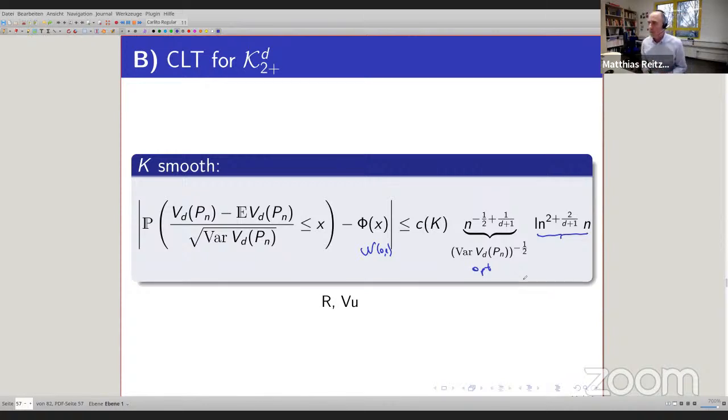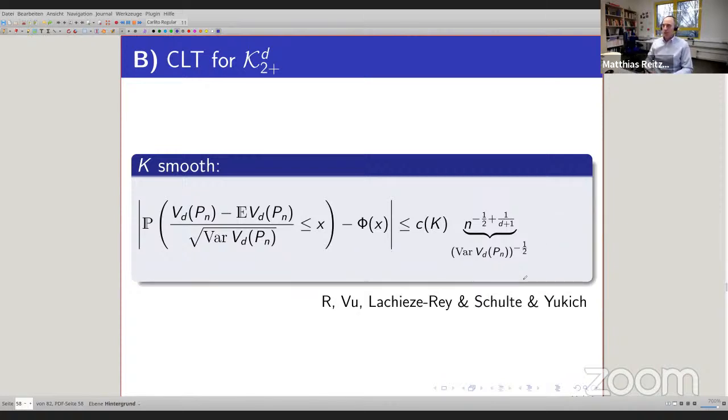And then what I presented yesterday was an approach to attack a central limit theorem just using this stabilizing functional and the score function approach. And this new approach, going back to Lachièze-Rey, Schulte and Yukich, leads to a central limit theorem where you can really remove this logarithmic factor and you get an optimal CLT.